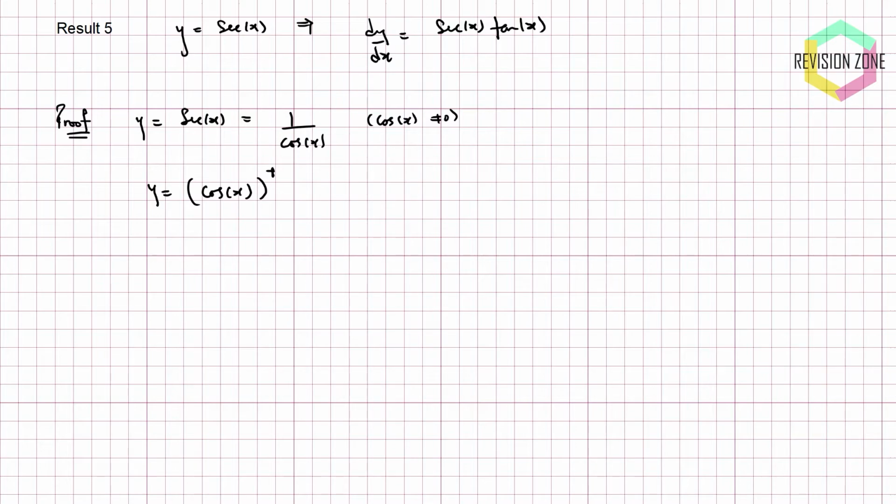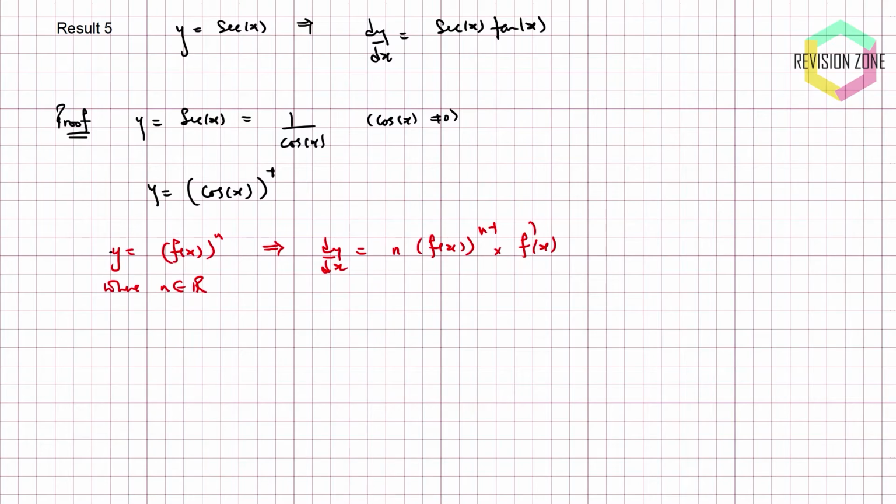So we've already shown before that if we've got something of the form y equals f of x to the n, then dy by dx is just n f of x to the n minus 1 times f prime x, where n is obviously any real number.